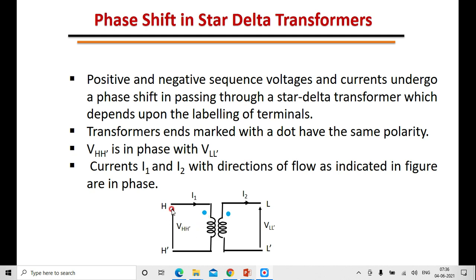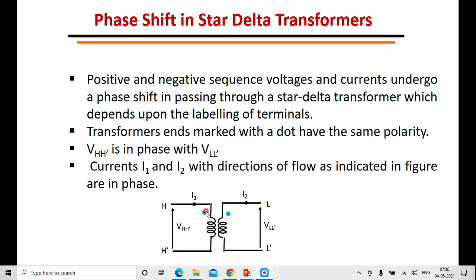Then usually the high voltage side of the transformer is marked with H and H dash. That is the nomenclature used to mark the high voltage winding. Therefore, the voltage in the high voltage winding is written as VHH dash, meaning H has a higher potential compared to H dash.